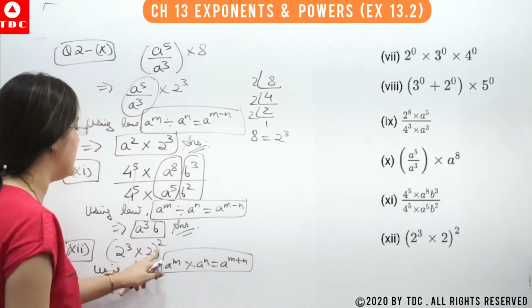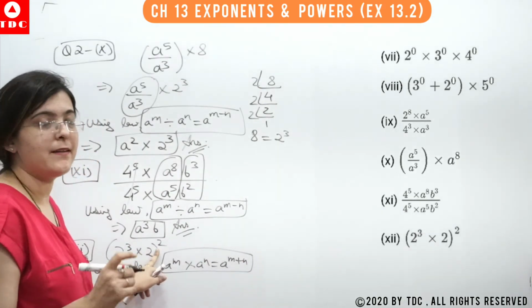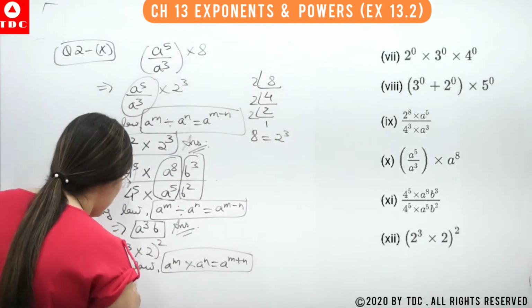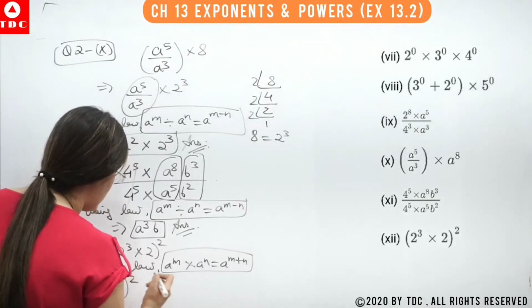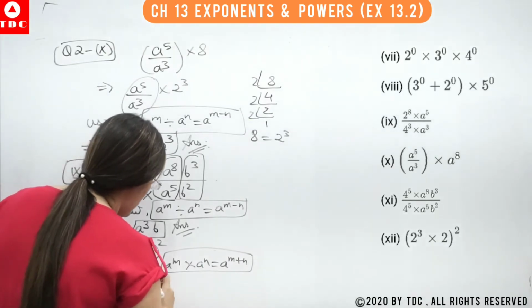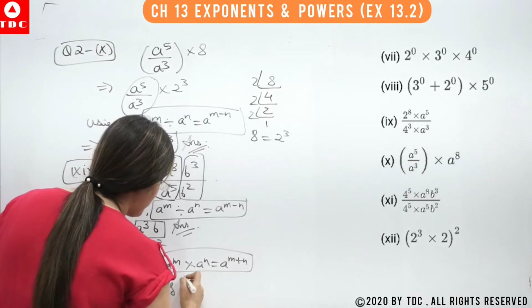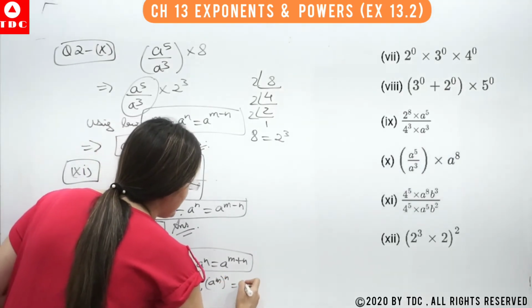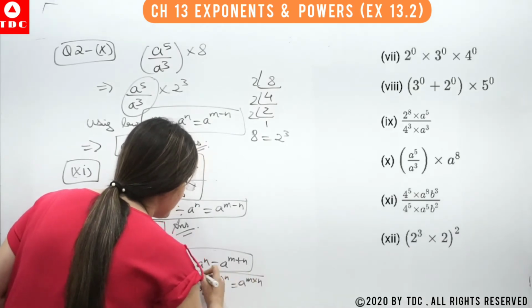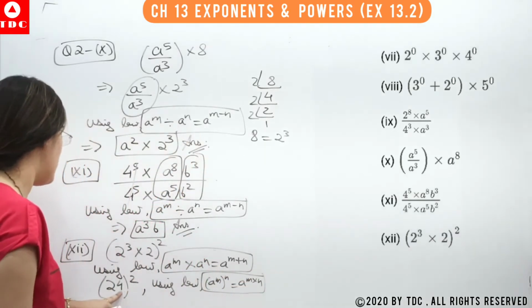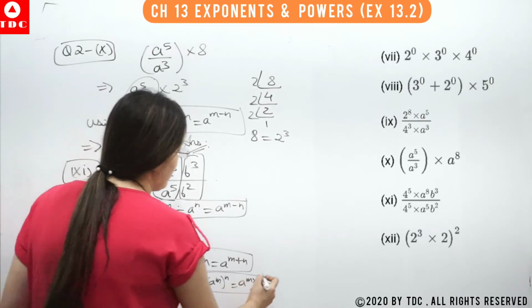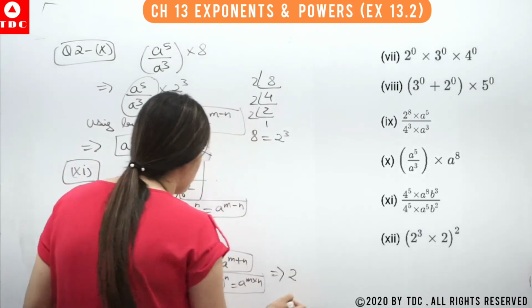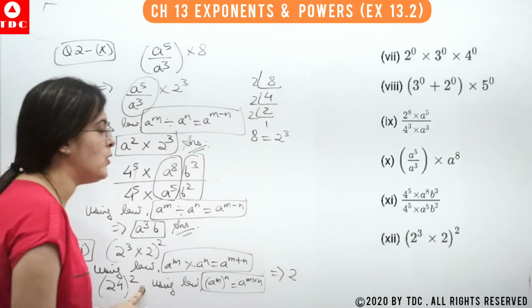So the powers here would be added, 3 plus 1, 4. So we will get 2 to the power 4, whole to the power 2. Now using the law, a to the power m whole to the power n will be a to the power m into n. That means the powers will be multiplied. So what we would get finally, 2 to the power 4 into 2, 8.